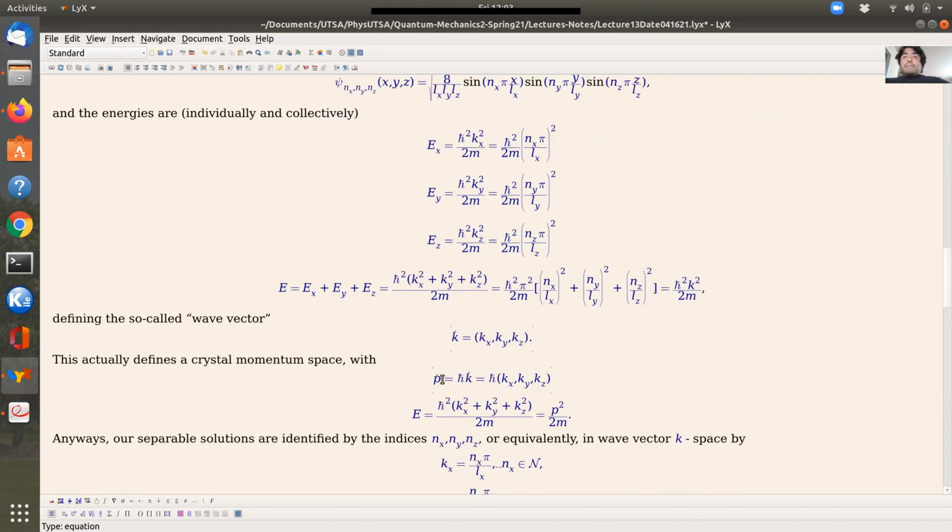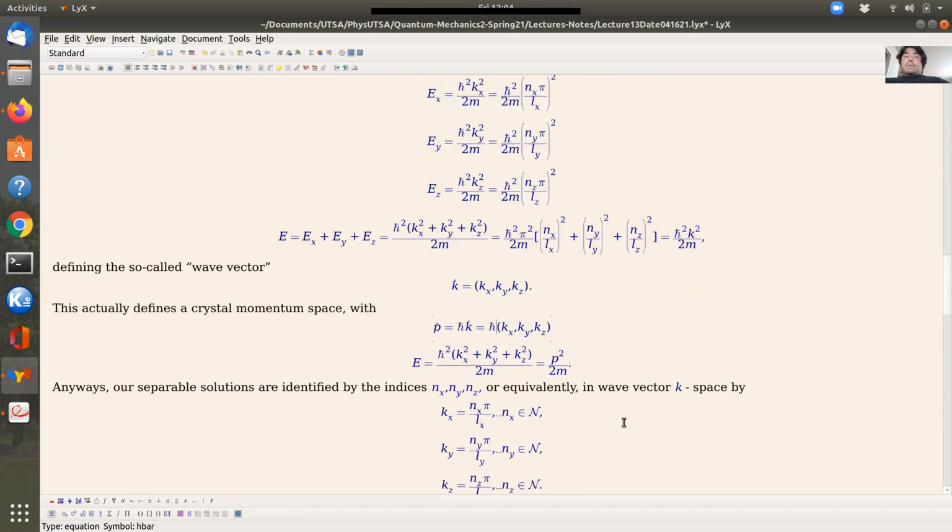And so this will define a crystal momentum space where, if you define p as h bar k, this has dimensions of momentum. And clearly, at this point, if you reinterpret this with the h bar factor as p squared over 2m, this is indeed behaving like momentum and giving the associated kinetic energy.